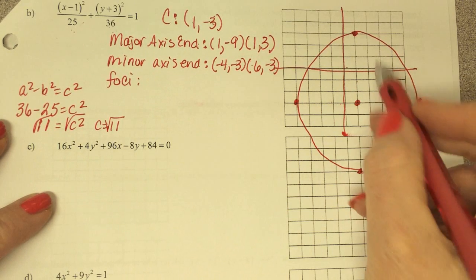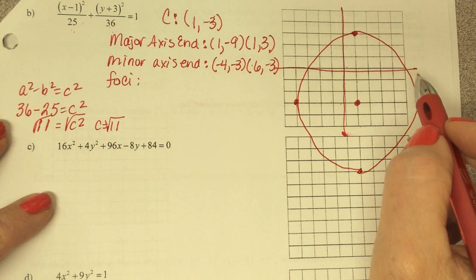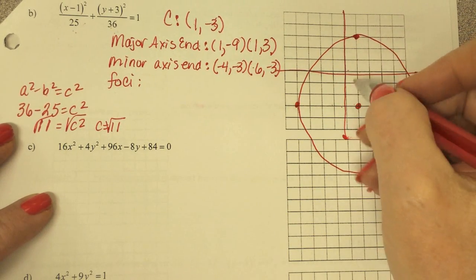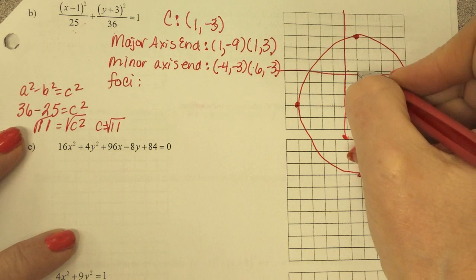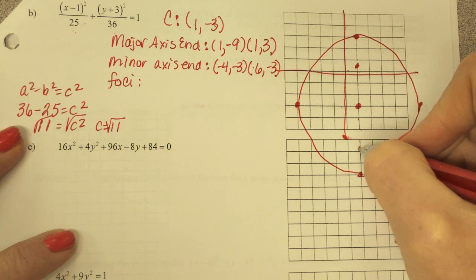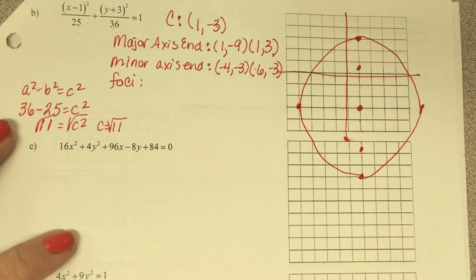So am I going to go up and down square root of 11 or left and right square root of 11? Up and down, right. It has to be on my major axis in the longer direction. Square root of 11 is about 3.4. I don't have to do anything with that. So there's my foci.